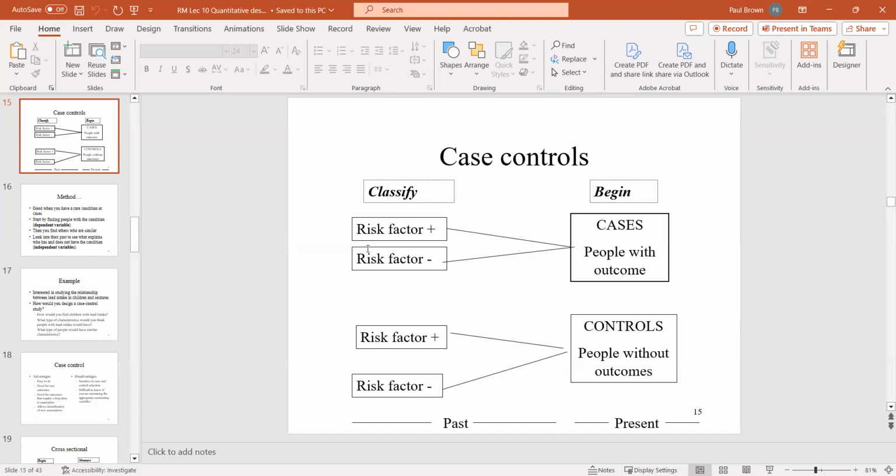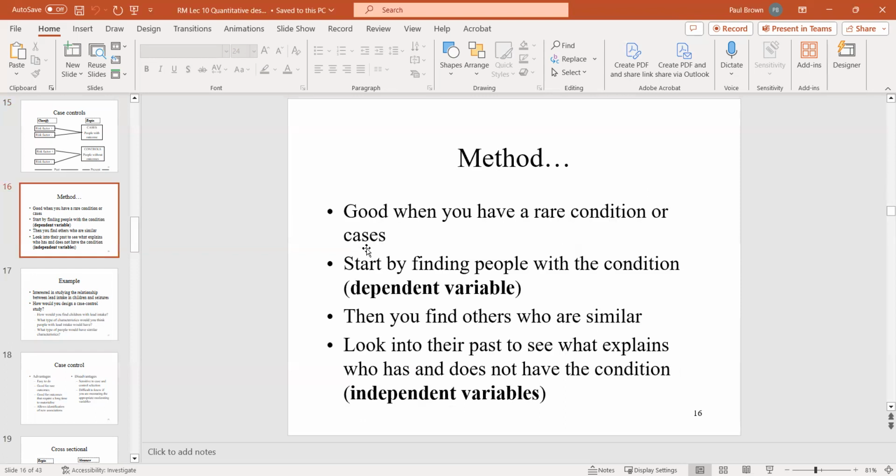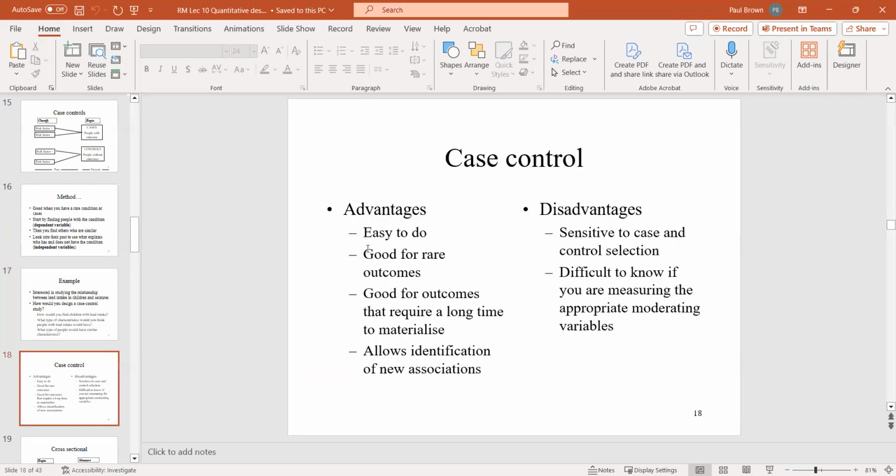So ideally, when you choose your control group, you try to find people who are similar in these other characteristics, and then you measure those characteristics as well. You control for them.